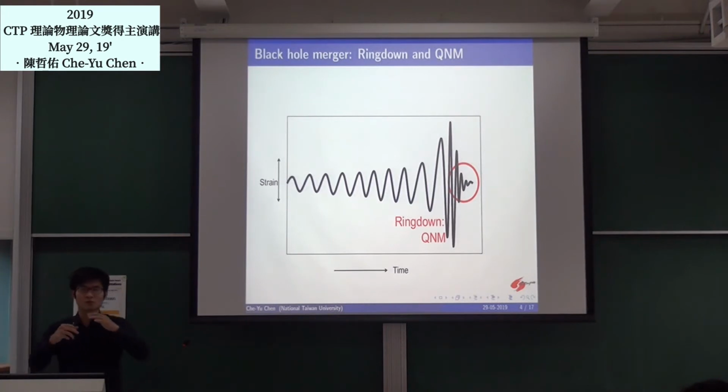This corresponds to some kind of complex frequency oscillation, in which the real part corresponds to the oscillation and the imaginary part of the frequency corresponds to the decay of the amplitude. And the reason we call these ring-down signals is that they are described by the so-called quasi-normal modes.